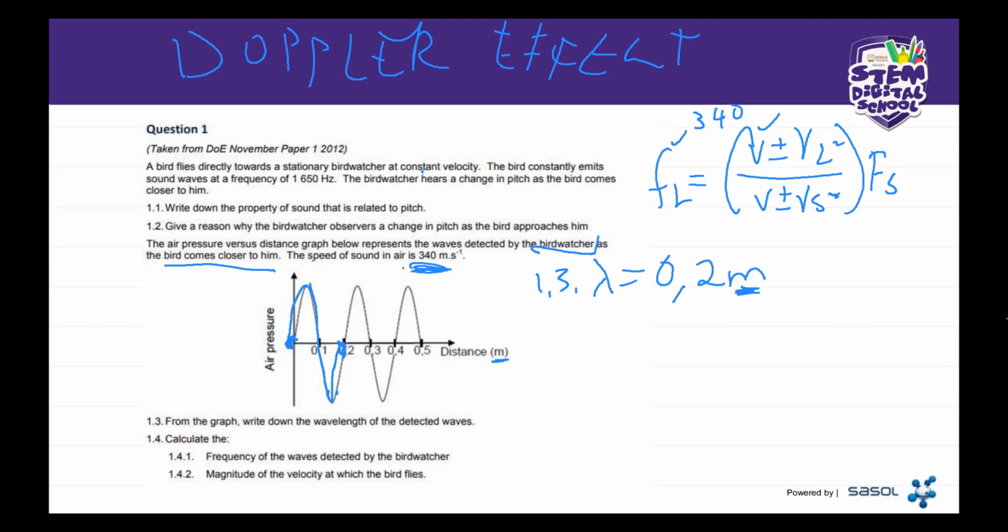Okay, so moving on to 1.4. I think this one will require a whole new page altogether.